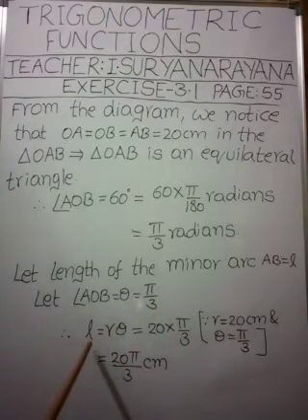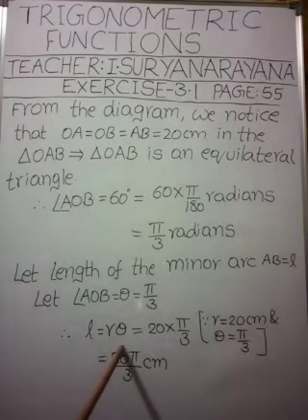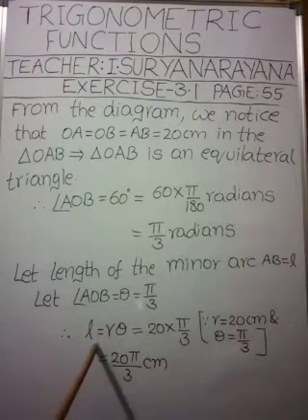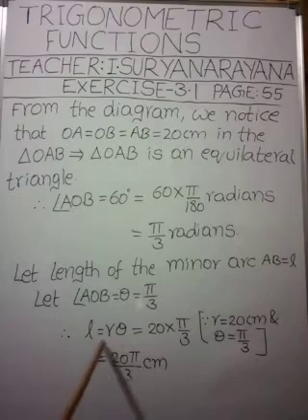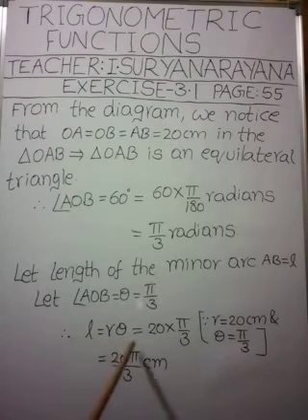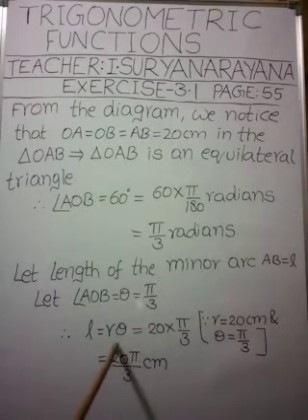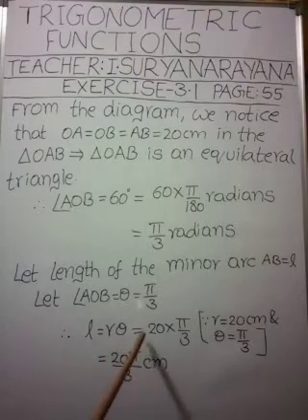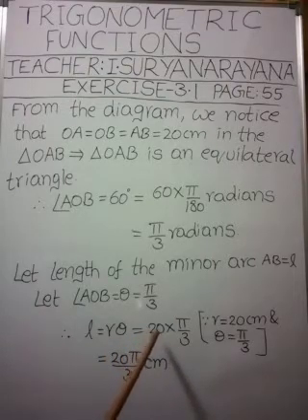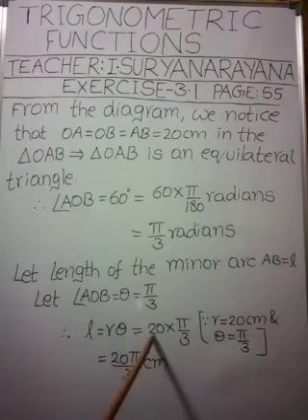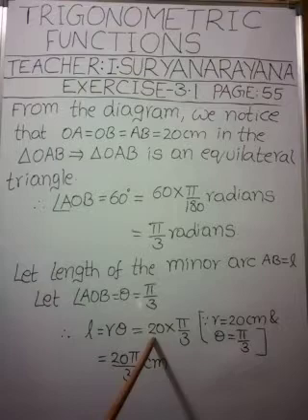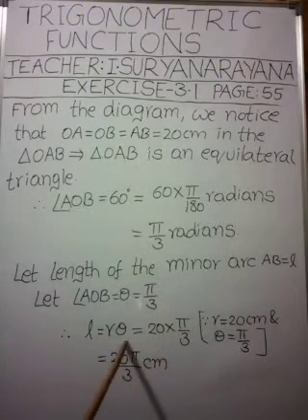Right. Therefore, L is equal to r theta. This is the relation between L, r and theta. Remember this formula, my dear children. In this formula, we substitute the r and theta values to get the value of L. What is r? The radius of the circle, 20 centimeters, into what is the theta value?